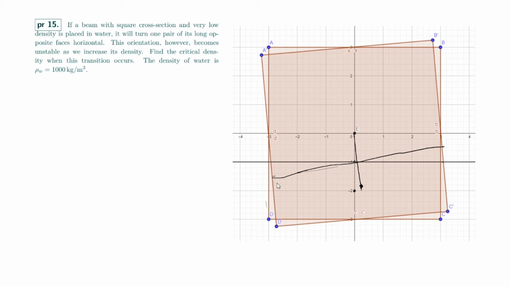I don't know if that was a bit confusing, but we say this is a superposition of this rectangle and then this triangle, which has density negative rho W, and this triangle here, which has density rho W. So that's effectively putting a triangle on this side. So the center of mass is going to be a combination of the center of mass of this piece, and that piece. So it's essentially this piece with double the mass plus that piece.